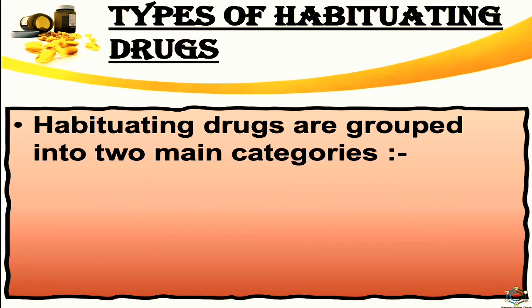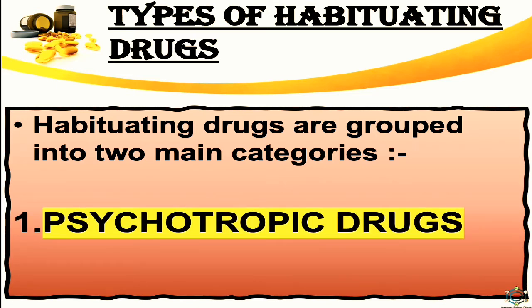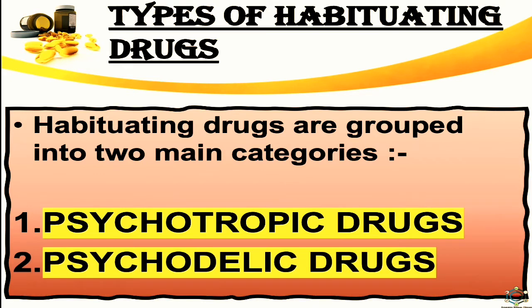Habituating drugs are grouped into two main categories, in which the first one is psychotropic drugs and the second is psychedelic drugs. So what are psychotropic and what are psychedelic?